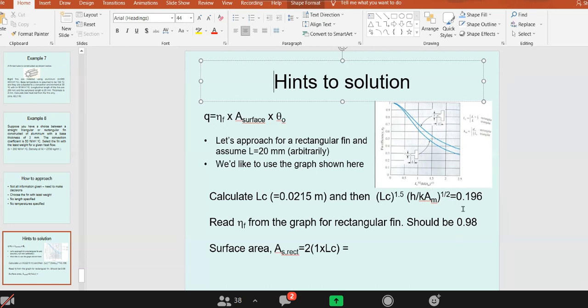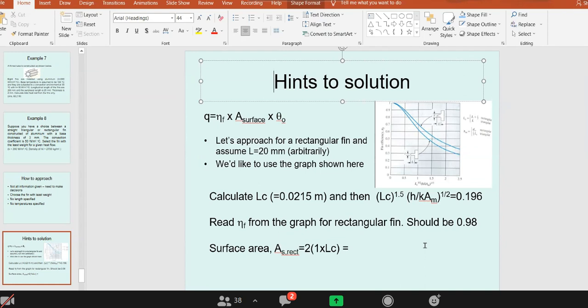actually 1.196 basically means 0.2. So you carefully hold a ruler, if you went up all the way and then read the value, it is almost close to 1, means not a lot of inefficiency. I have chosen it to be 98%.